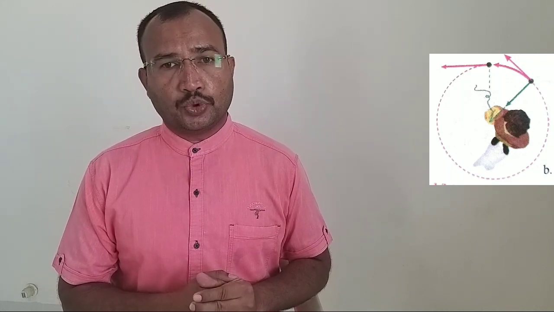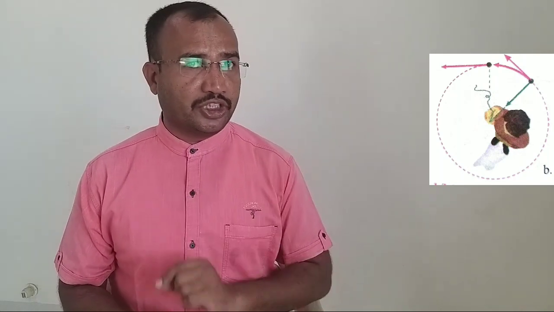In this case, the stone will fly off along a straight line which is the tangent to the circle at the position of the stone when the string is released. There is one word, that is tangent.